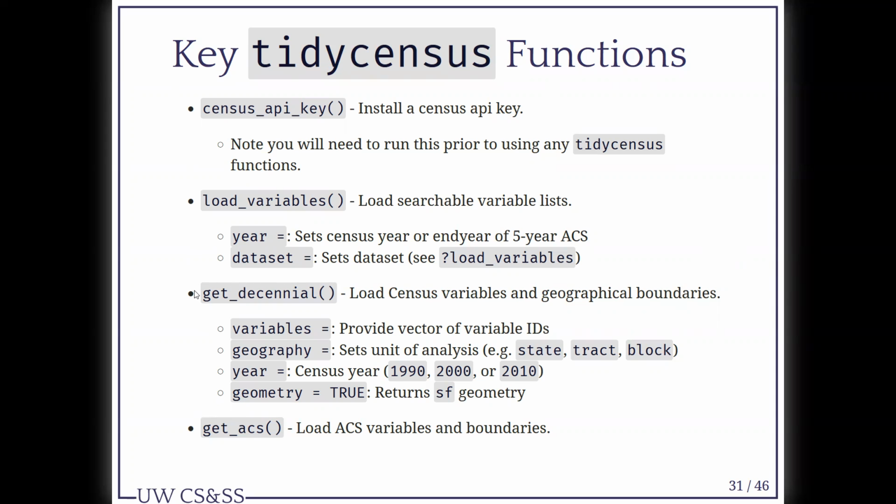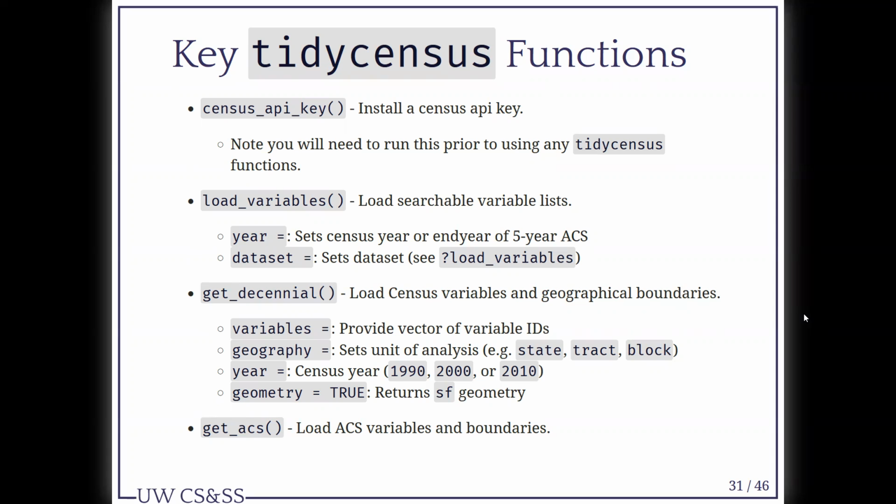You can also use the get_decennial function to load census variables in geographical boundaries. I don't know if they have the 1950 one now. They just released the 1950 detailed census for researcher use, goodness, a month ago, 2 months ago. So I don't know if it's available through Tidy Census yet, in part because I don't think it's fully available to all researchers quite yet.